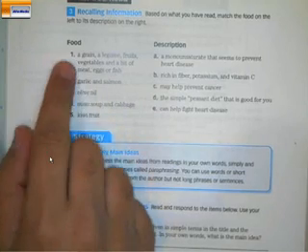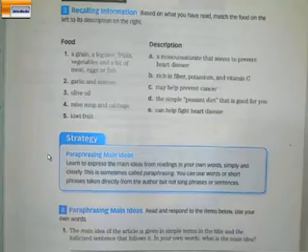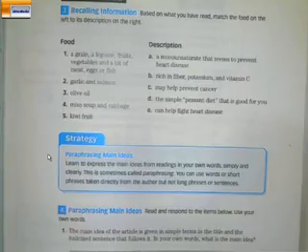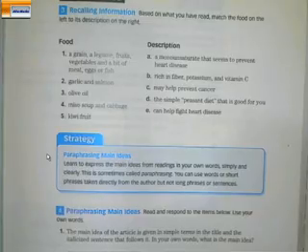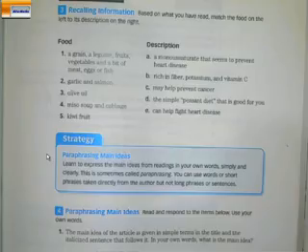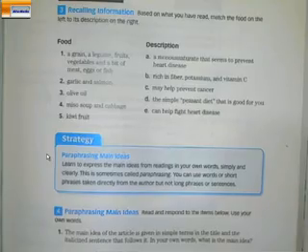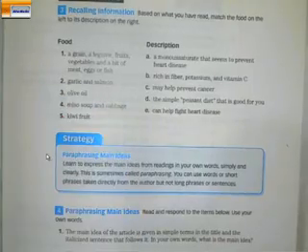For example, number 1 is blah, number 2 is blah. Just write the number and the letter in the discussion forum, and we can have a little discussion. If you disagree with each other, I'm going to intervene and explain the right answer. If you have them all correct, that's brilliant. That's what I expect from you, because I'm expecting you to become very good readers. After you read the passage, go to this exercise and check your comprehension.